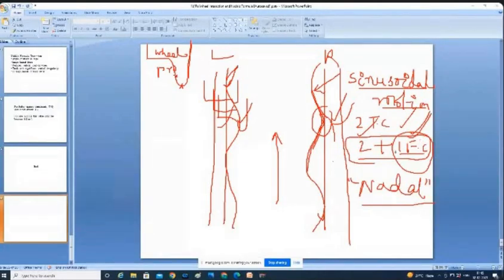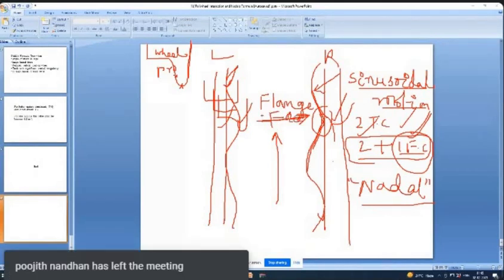He saw what the influence of this flange contact is. Here also you can see whenever this is hitting the rail table due to the flange contact, one additional force is falling here. That force we call a flange force. This flange force is nothing but a horizontal force with which it will hit the rail table from left to right.